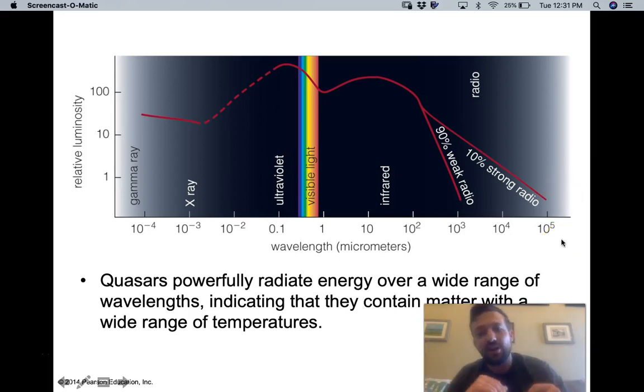If it was only very blue stars, we would see a spike on the blue, but we see spikes everywhere. So that's one reason why we say that it must be made up of a lot of different matter, and it's just sucking everything in, because it has a very broad electromagnetic spectrum reading.